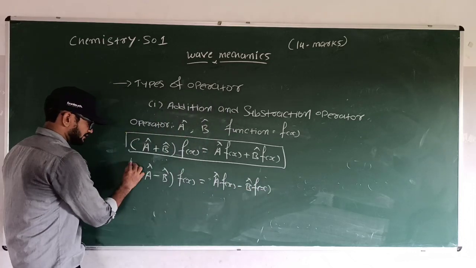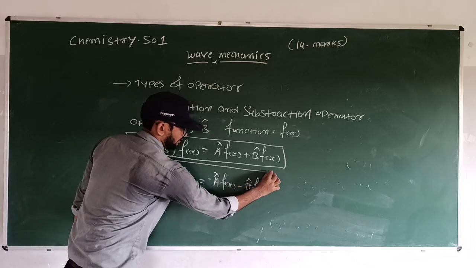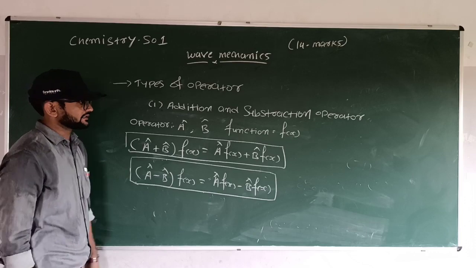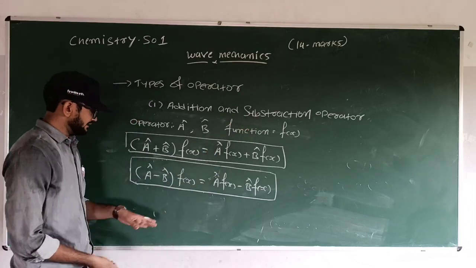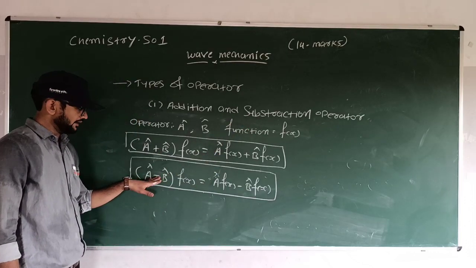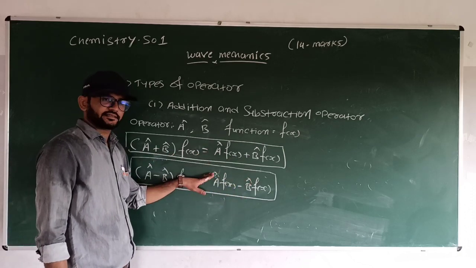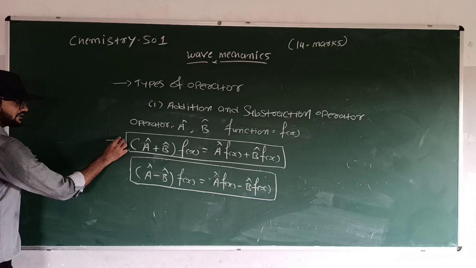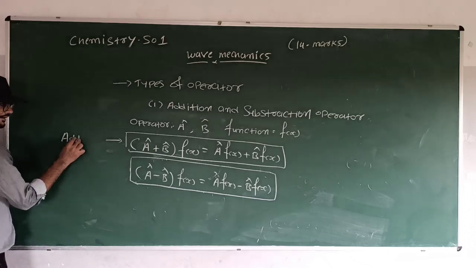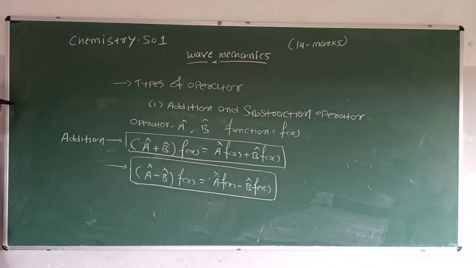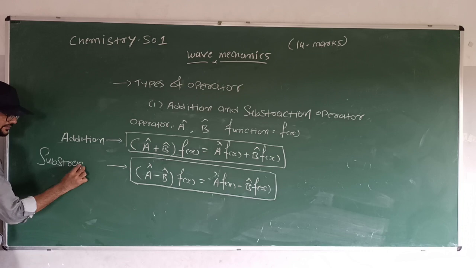So this is the mathematical expression for the subtraction operator. Here only the sign is changed: the plus sign is converted into a minus sign, here and here. This is the mathematical expression of addition, and this is the mathematical expression of subtraction.